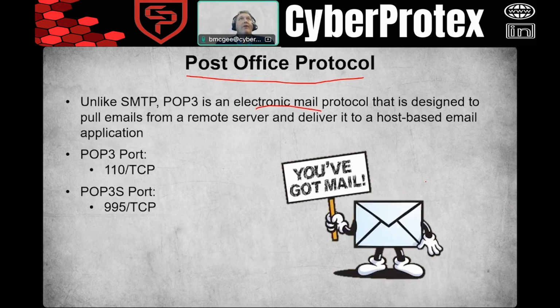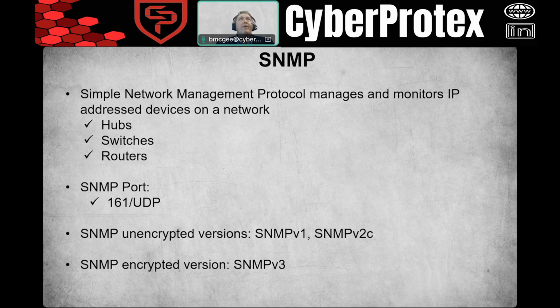So then finally, there's SNMP, Simple Network Management Protocol. This is how we are able to manage and monitor some of the networking devices. It runs typically over port 161, and the first couple of versions are still available for devices to speak on.